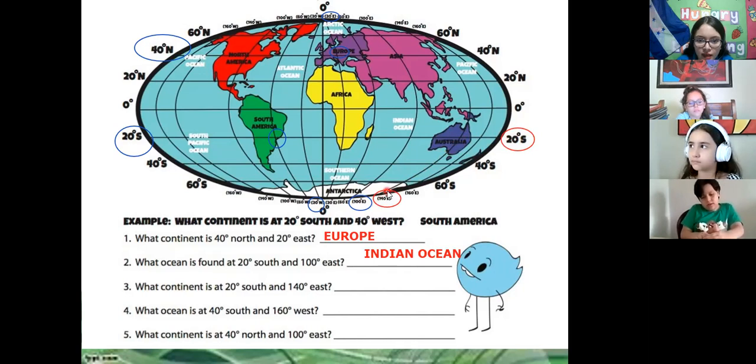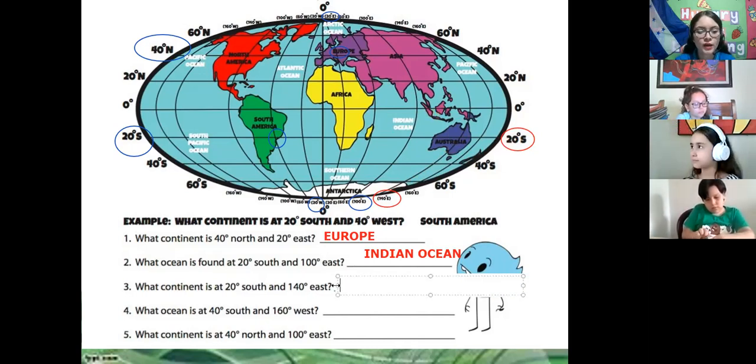Australia, that's right. And at the 20 south, we have Australia. Do you see 140 east comes here in this line? And the 20 also. So it's going to be Australia. That's right. Perfect.